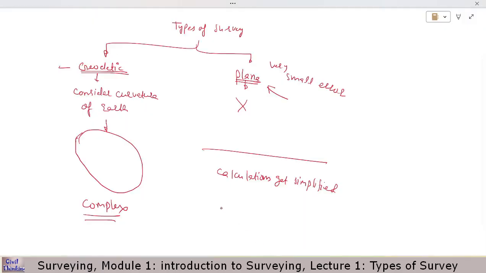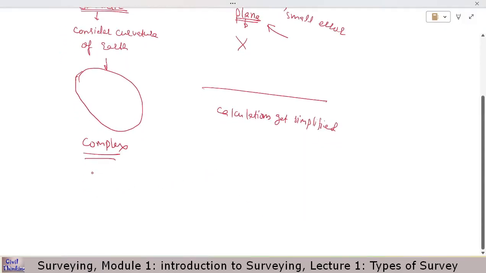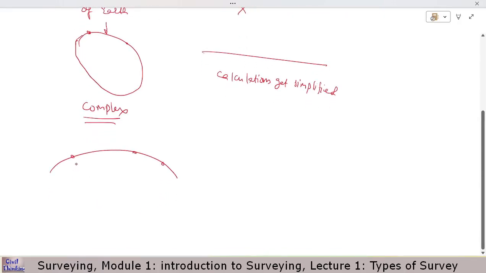is, for example, if you want to calculate the distance of the points on this curved surface, you have to consider the distance of each, for example, from the center of the earth.